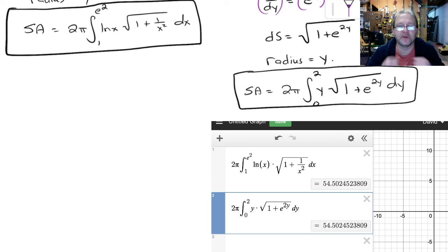It's always a sense of relief when you do both these integrals on a problem like this, and they both wind up being the same thing. So yeah, neither one of those is an integral I would try without just using a computer, because I'm not sure what technique we would use. All right, so anyway, that's it for this video.